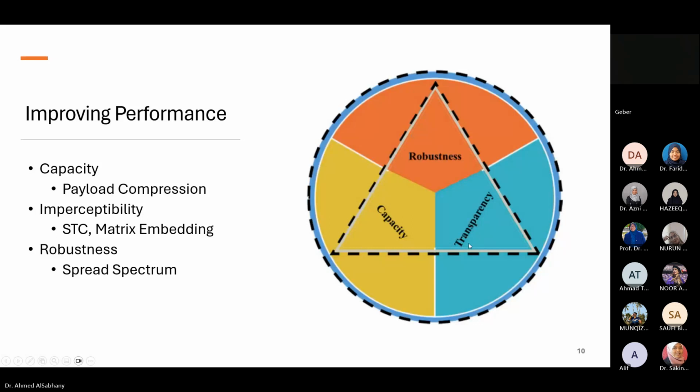If we are improving the transparency, the other aspects, the robustness and the capacity, will be reduced automatically, and similarly for the robustness. However, there are some methods that we are using to improve or to optimize the performance.